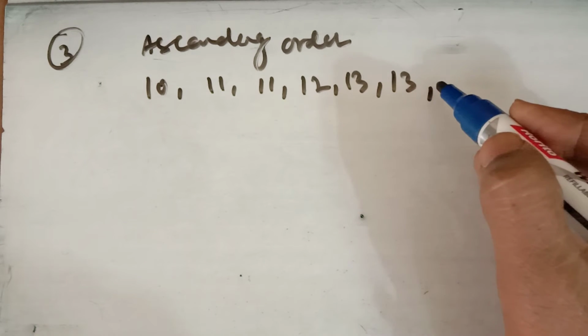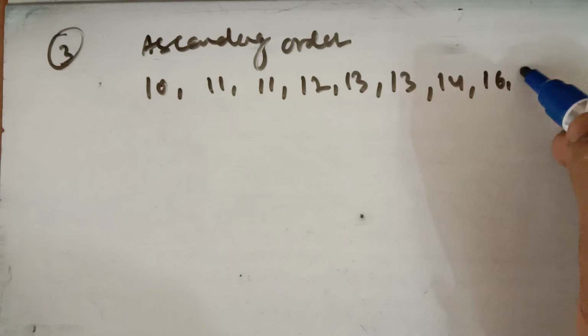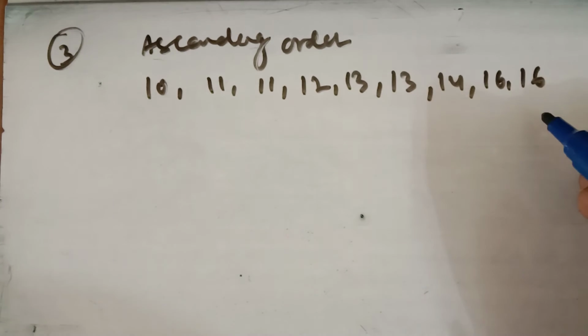Then we have 14. 14 also we have only 1 time, and after that 14 we don't have 15. Then we have 16. 16, how many times we have? We have 16 2 times. Then we have 17, 2 times, and then we have 18.